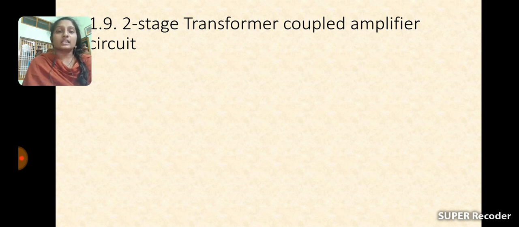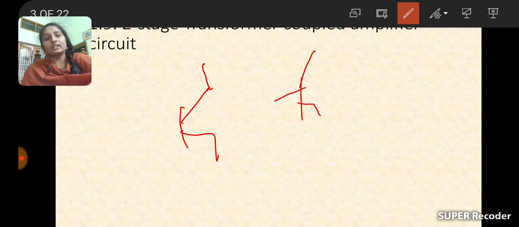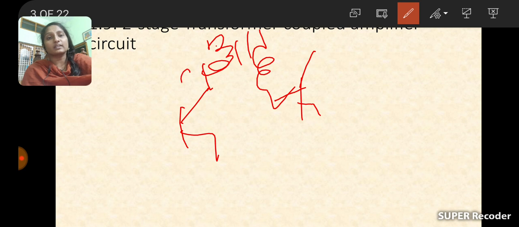So in the construction of the two-stage transformer coupled amplifier, like the two-stage RC, it consists of two transistors like this. But the output of the first stage is connected to the input of the next stage through the transformer. The primary winding is connected to the collector, and the secondary winding is connected to the base of the second transistor.